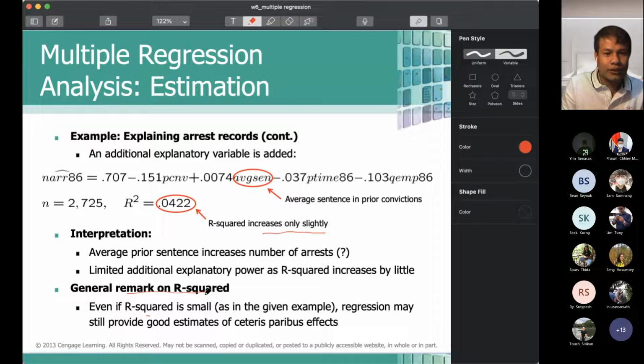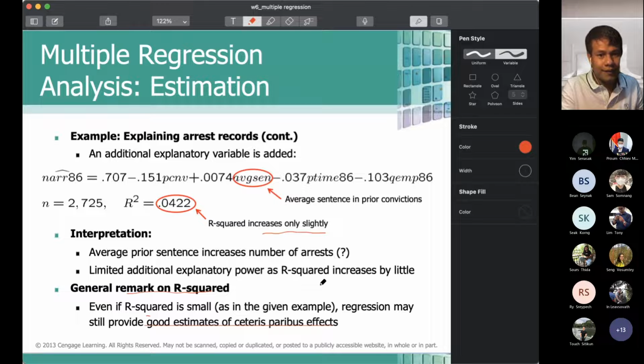General remark on R square. Even if R square is small, as in the example, regression may still provide good estimates of ceteris paribus effects, meaning that you don't have to care about R square. You need to make sure that the assumptions are met to make causal interpretations.